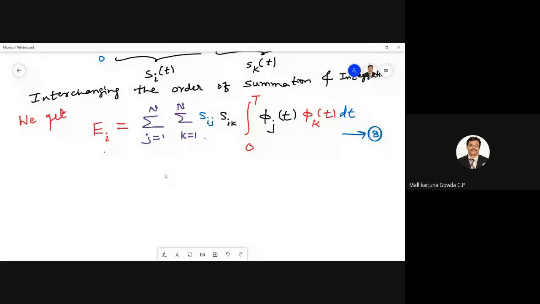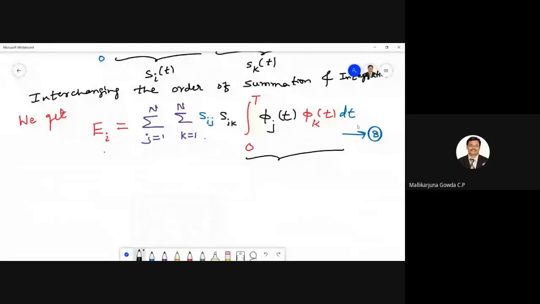Have you remembered that? See here now, this is the integral 0 to t phi j of t phi k of t into dt. When j equals k, the product will become 1, right? This will be equal to 1 for j equal to k. Then we say it is orthonormal, meaning it has unit energy. And when j is not equal to k, their product over the interval will become 0.